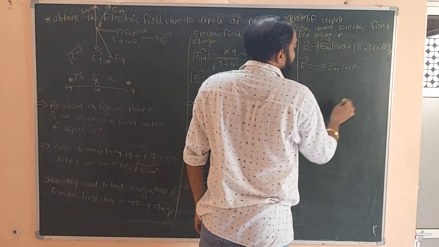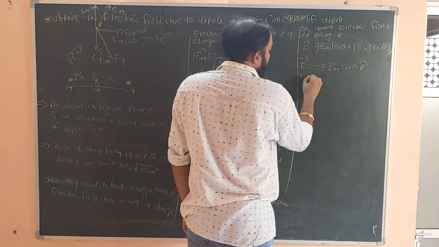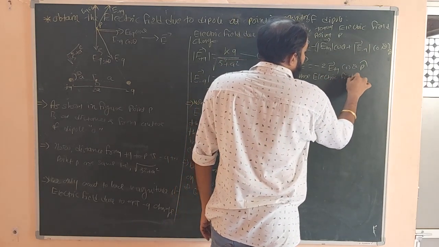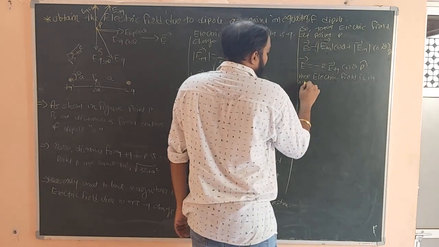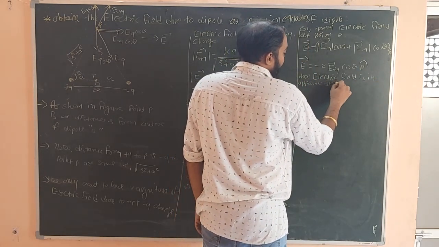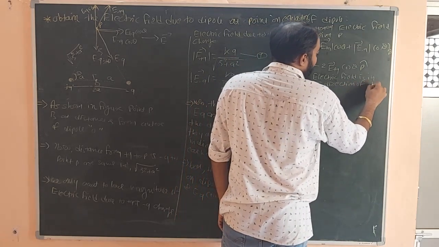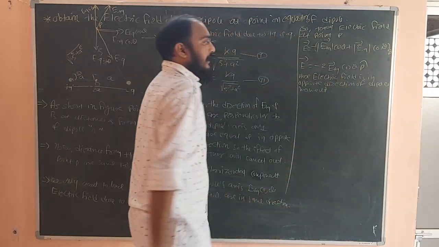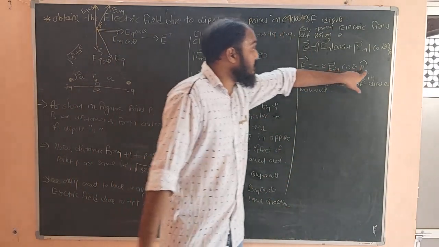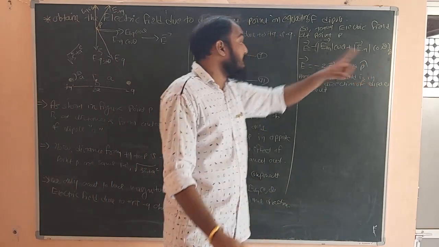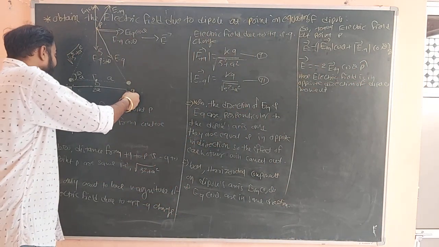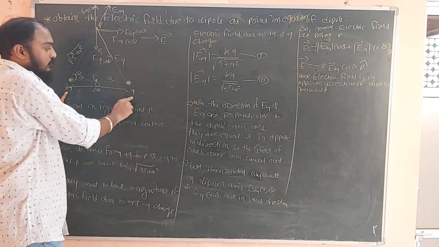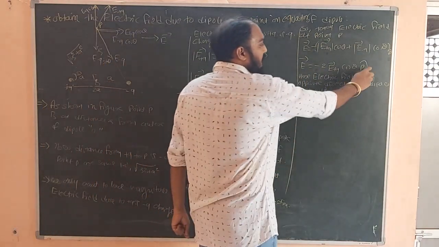Here the electric field is in the opposite direction of the dipole moment. That is why we have taken minus P caret, not just P caret. Why? Because P caret is in the direction of minus to positive, but the direction of the electric field we have taken is plus to minus.